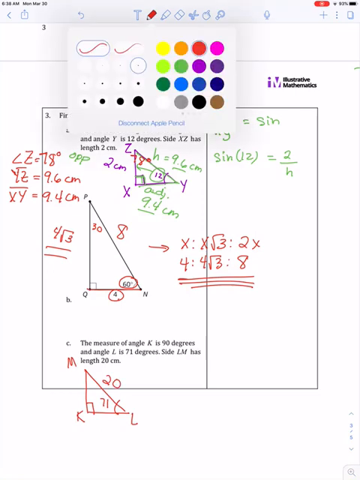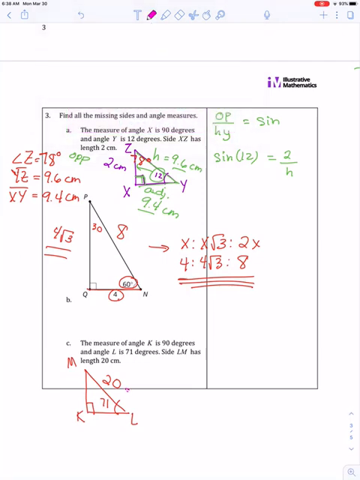All right, so again, I know my hypotenuse, and I know 71. So I know I'm going to be using either sine or cosine, because I know my hypotenuse here and here. Okay, it doesn't matter which one, so let's look at this one first.